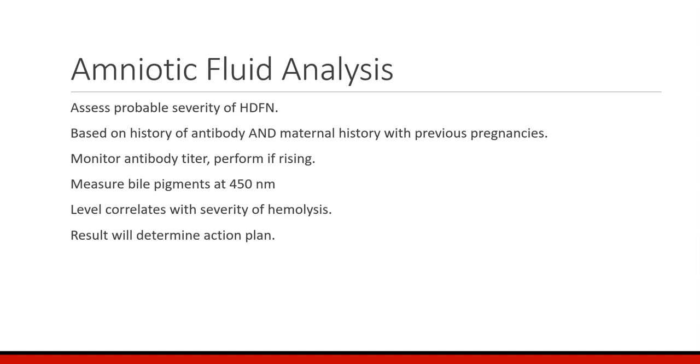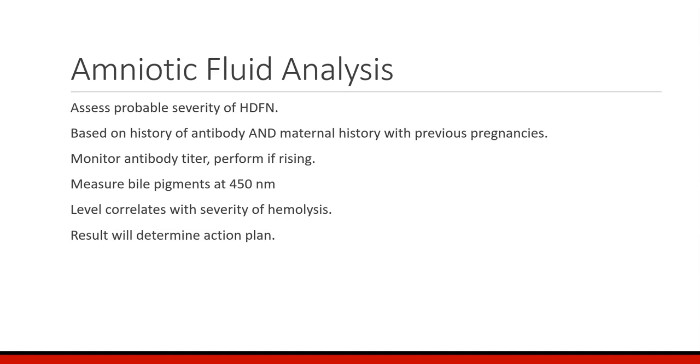And again, this is based on the history of the antibody. Does this antibody have the ability to cause HDFN, and the maternal history with previous pregnancies? She's already had 1 or 2 babies that were affected with HDFN. So again, we're going to monitor the antibody titer to determine if it's rising.